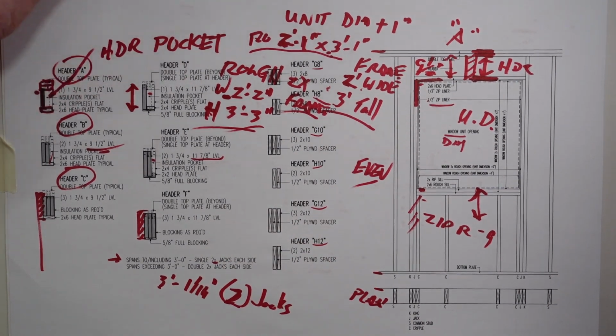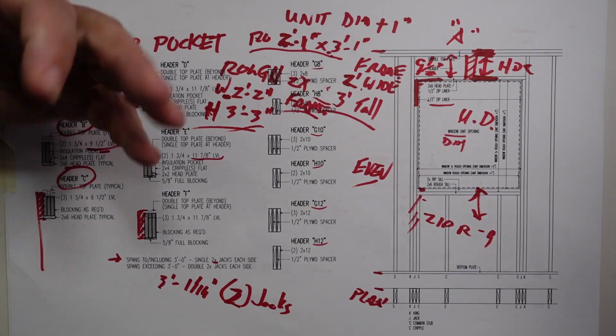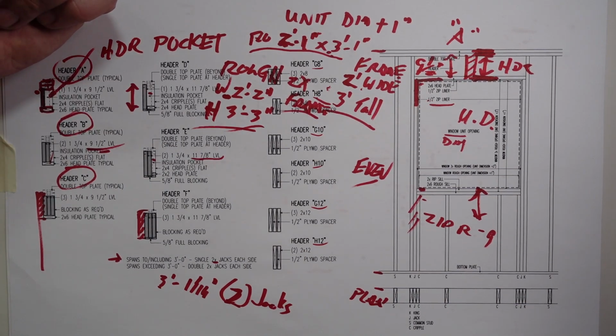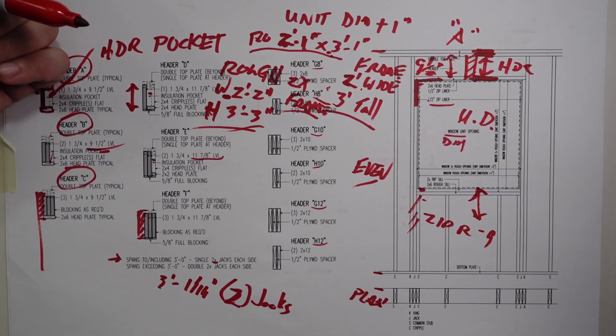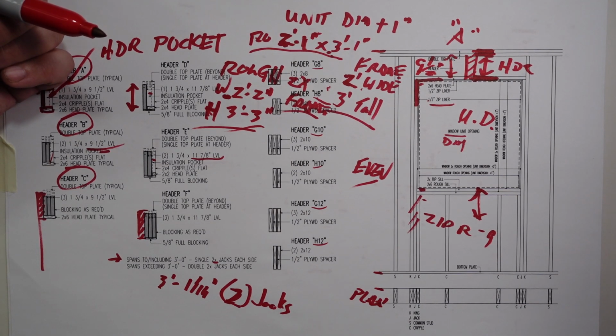But anyways, that's how I deal with rough openings when we're using a Euro style window. That's my header schedule. Now you're in the know when it comes to rough openings, so hopefully you enjoyed that.